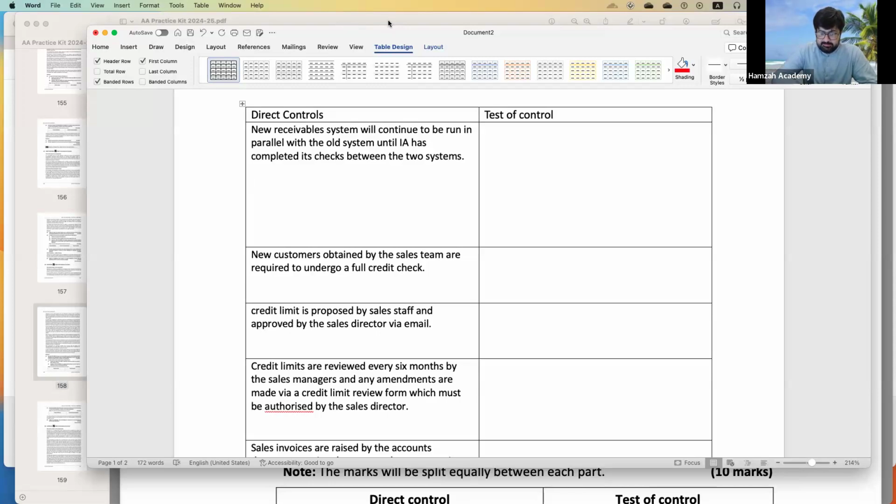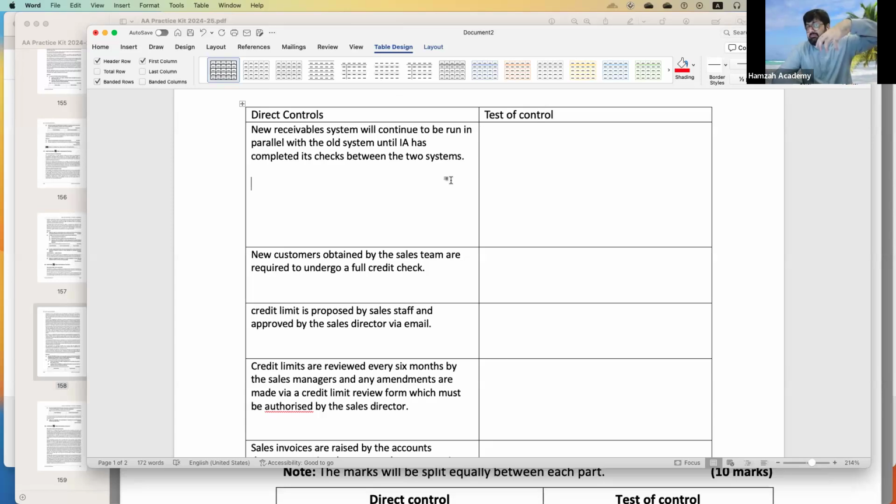Please tell me. The benefit is to the company. Controls are implemented by the company.